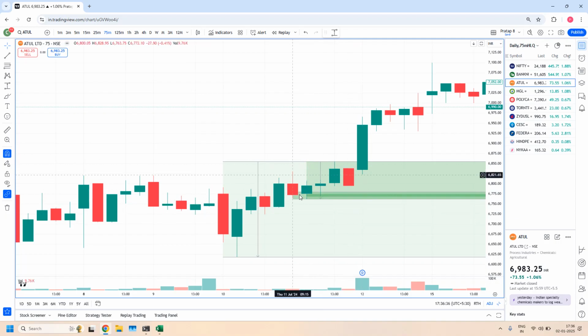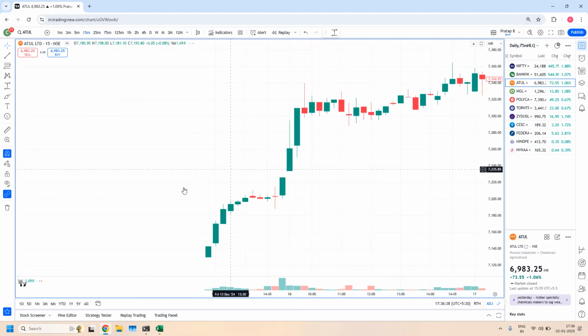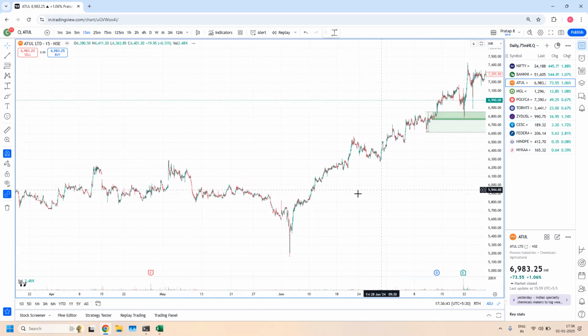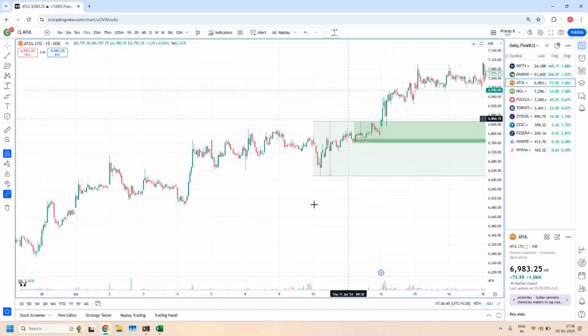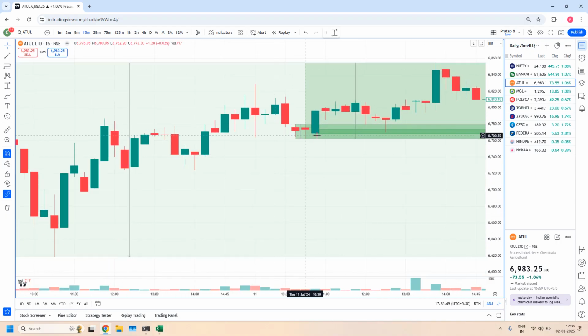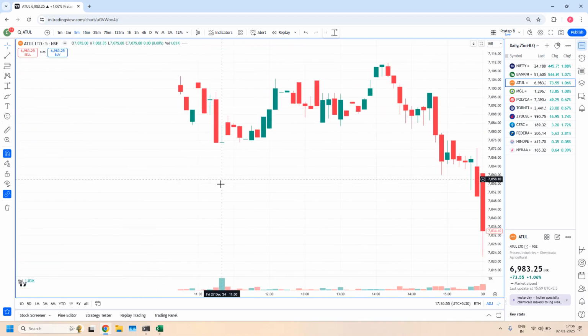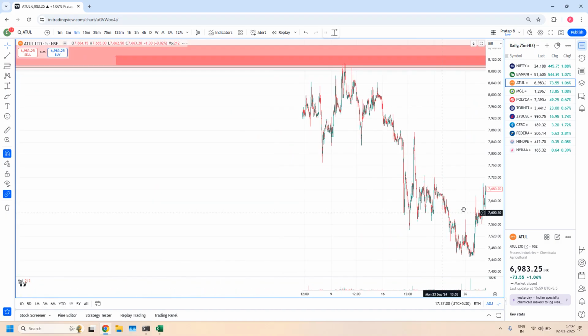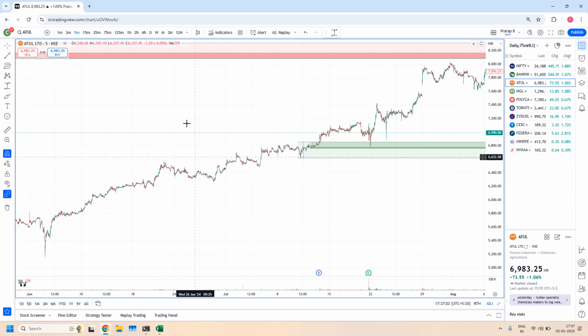This is the 75 minutes. Inside 75 we have a 15 minute zone. And this 15 minute zone is a drop, base, rally. This 15 minute zone again has a fine-tuned 5 minute zone, which is getting tested multiple times. Maybe high liquidity, maybe, we don't know.